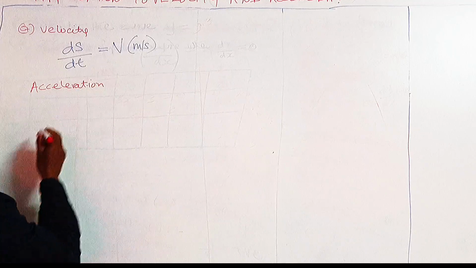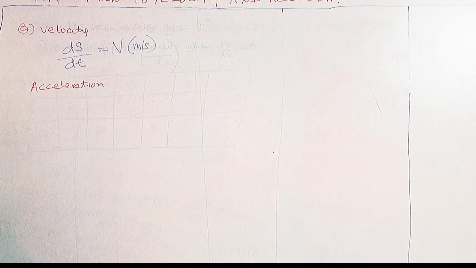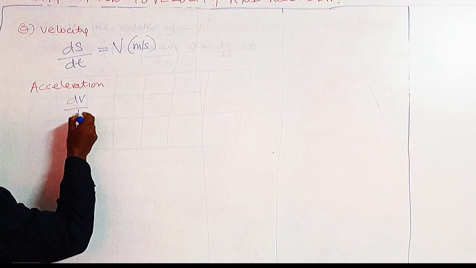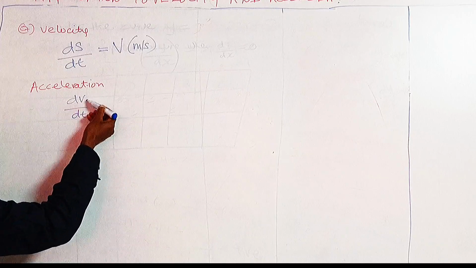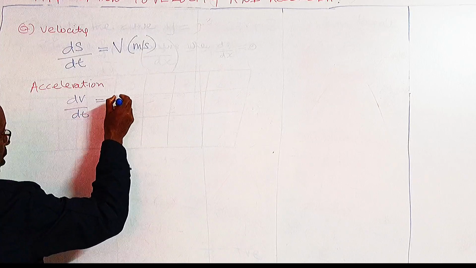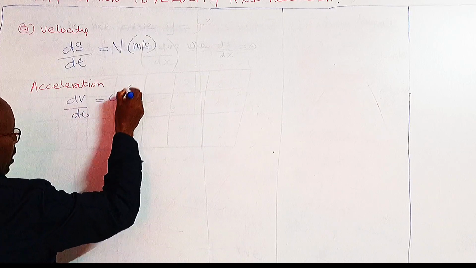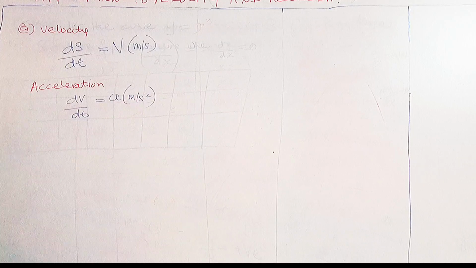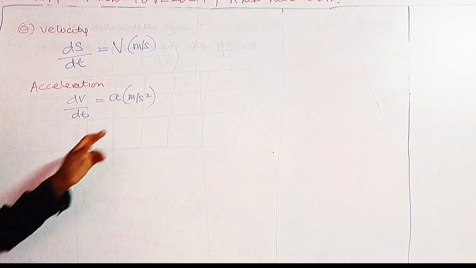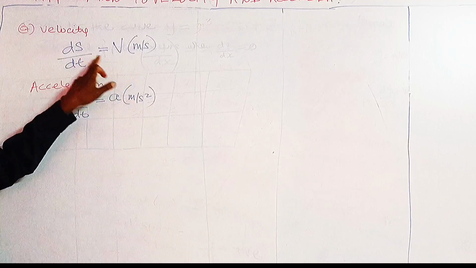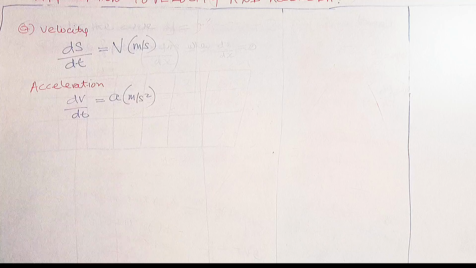So it will be written as dv/dt, and is always written in meters per second squared. Acceleration is denoted by the letter a, and velocity is denoted by the letter v.